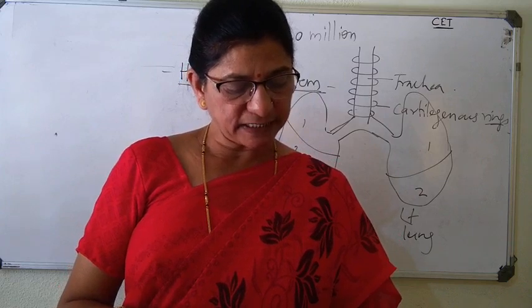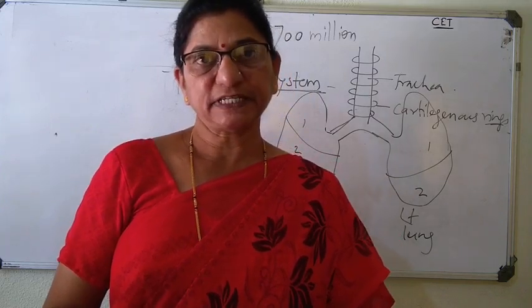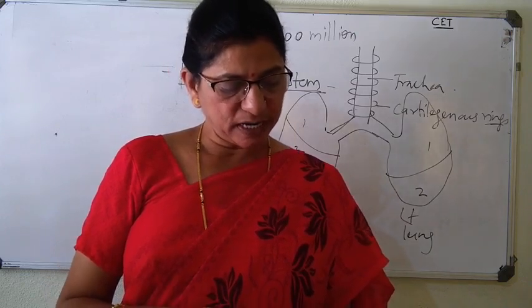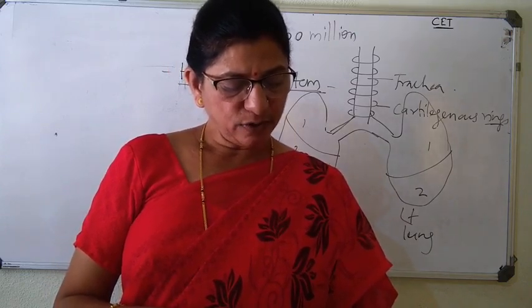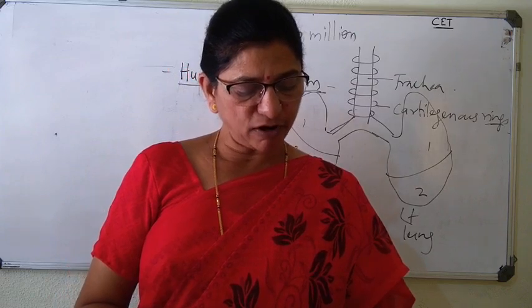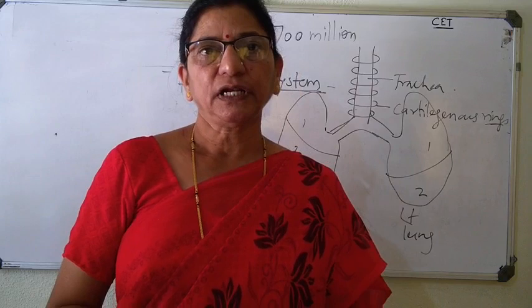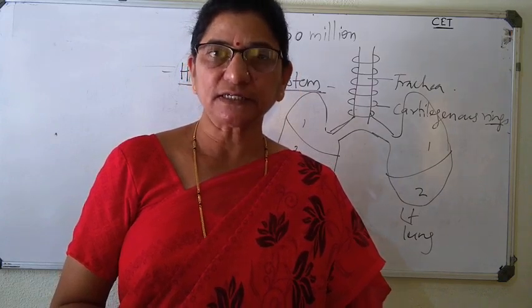Diaphragm is a characteristic of basically mammals. Correct answer is mammals. In human or man, which of the following structures is analogous to spiracles of cockroach? Now in cockroach, the tracheal system is present.